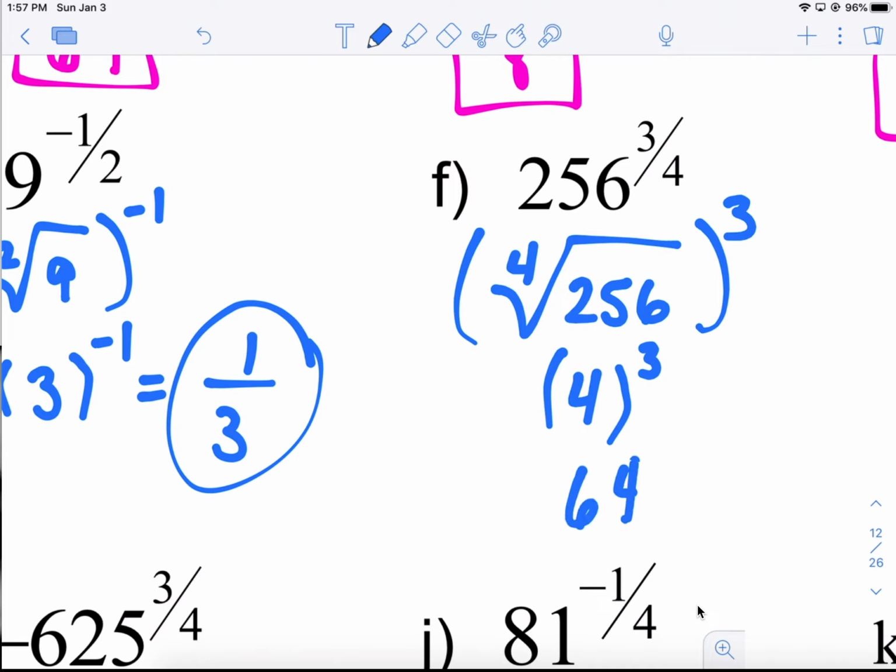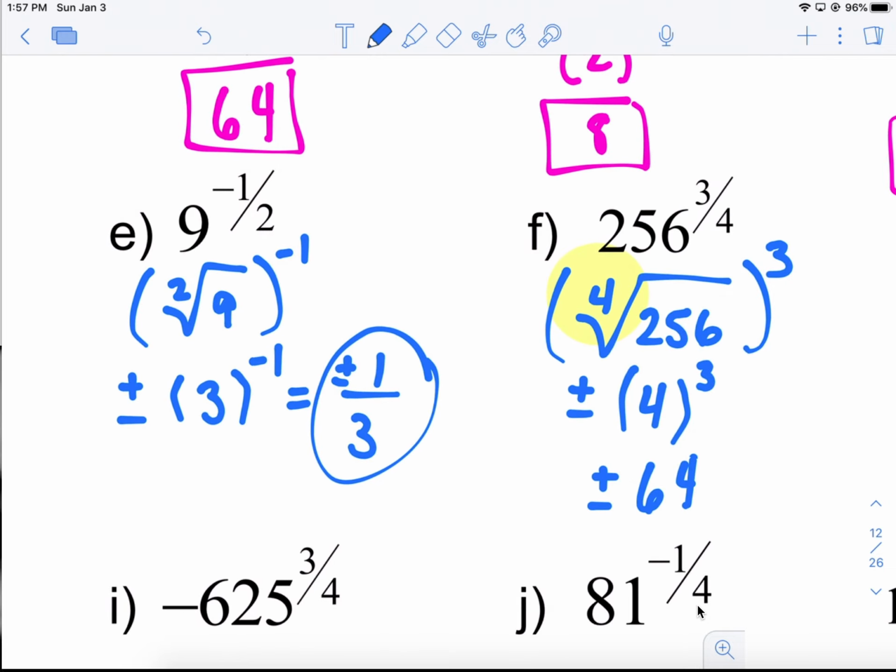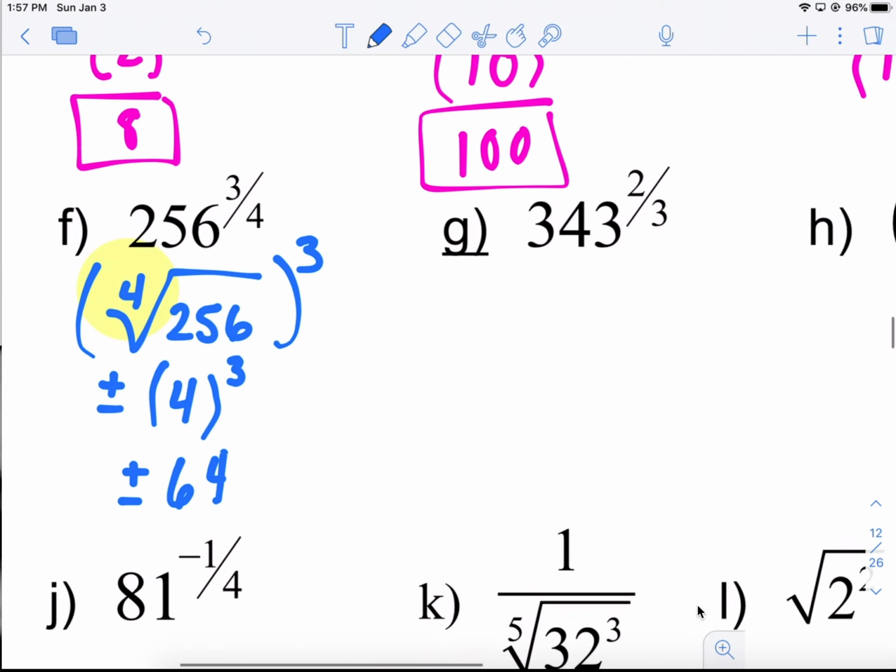Now, this is the first time that we've had an even index. Remember that when you have an even index, you have to make sure you keep plus or minus on the outside of these. And I lied, we actually had it on this one too. So I do need a plus or minus on E and on F. All right, let's move to G.